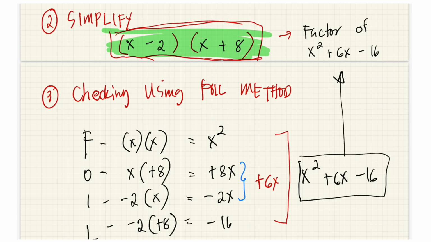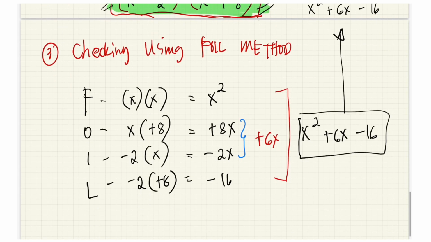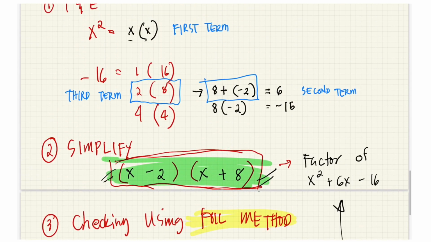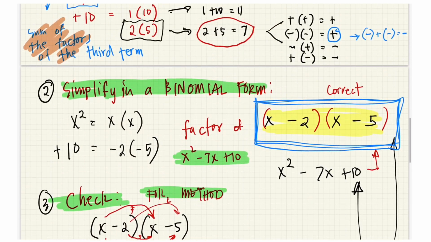Therefore, the factor x minus 2 times x plus 8 is correct. So we were able to prove it by using factoring. The method that we use to check whether our factor is correct is the FOIL method. So this is how you are going to factor.